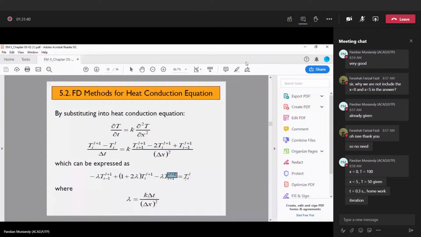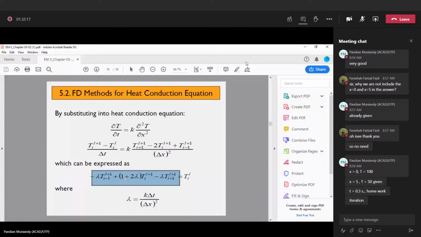The right hand side only T superscript L. So this term all combine with this. Okay, we put it here. So this is how you have to simplify this. Minus lambda, so you bring K del T over del X squared as lambda. So you have minus lambda T superscript L plus 1 subscript I plus 1.